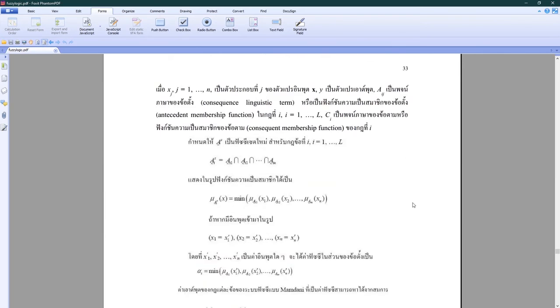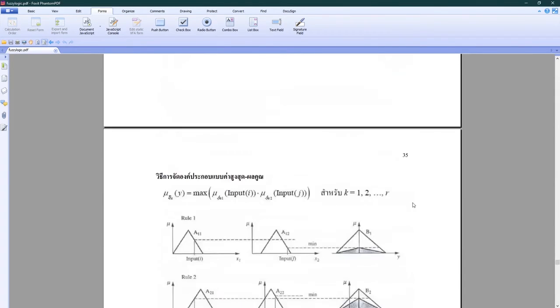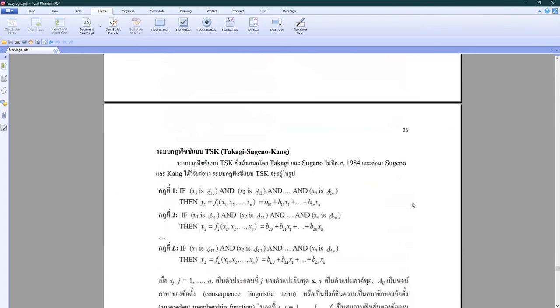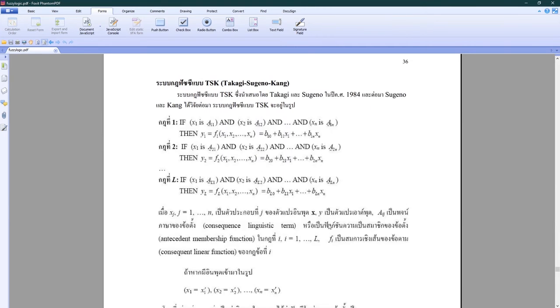Okay, next, let's see another method, the TSK model. See, there are a lot of mathematical things. Okay, let's pass this section because if I go into the detail, this can separate into another subject.